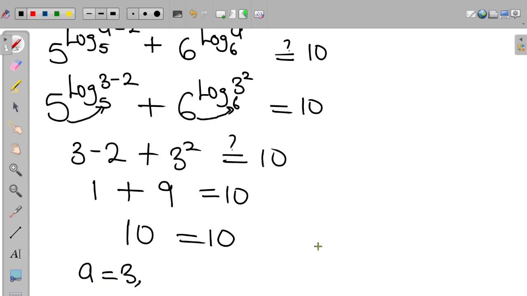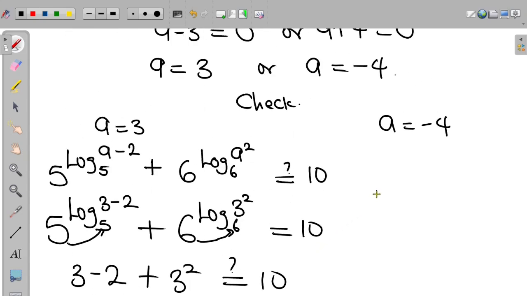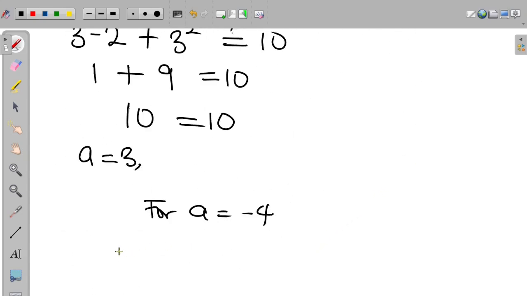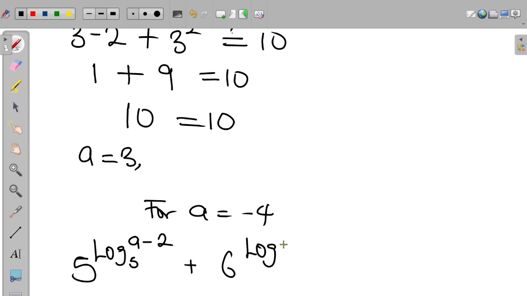Also, let us check for a equal to negative 4. So recall that the equation given to us was 5 raised to the power of log (a minus 2) in base 5 plus 6 to the power of log a squared in base 6 equal to 10.